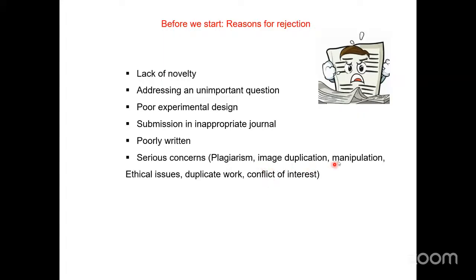Image duplication is a very important thing, because whenever you are presenting data, suppose we work on the immunology of colorectal cancer, and we acquire many data from a huge patient cohort. I am collaborating with many hospitals in West Bengal and outside West Bengal, and also with international collaborators at the University of Maryland, USA, in Paris, France, and the University of Bonn, Germany.